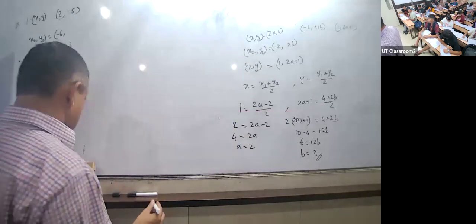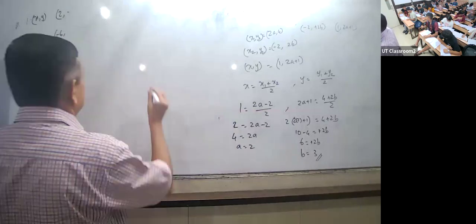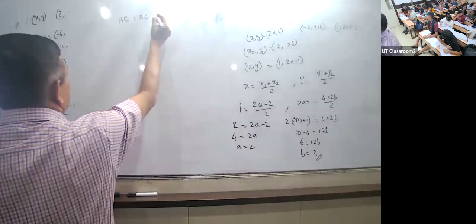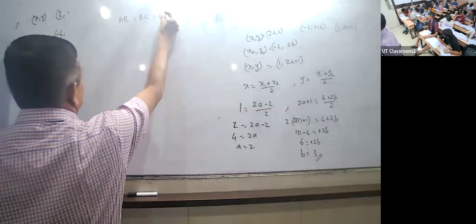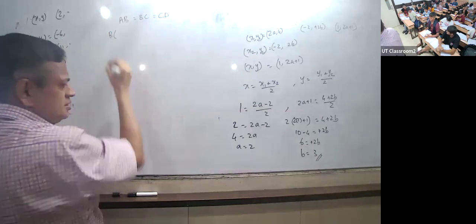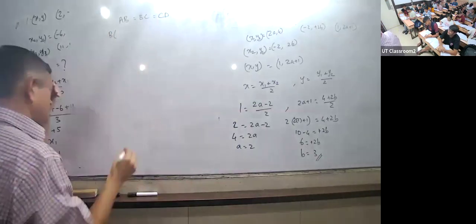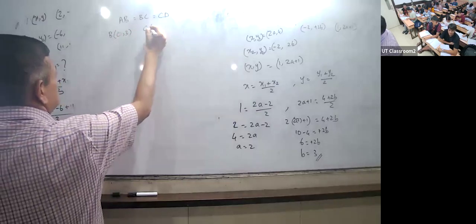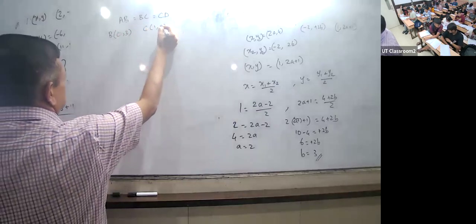Given a line ABCD in which AB is equal to BC, equal to CD. B is equal to 0, 3. Then C is equal to 1, 8.